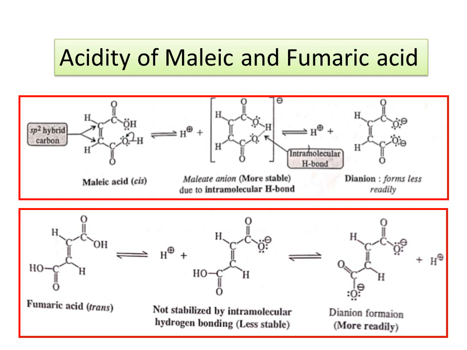So, for first ionization, the Ka value for maleic acid will be high, whereas in fumaric acid, during the first ionization, because the two COOH groups are trans to each other, such a kind of intramolecular hydrogen bonding is absent. Therefore, the first ionization process has a low Ka value.